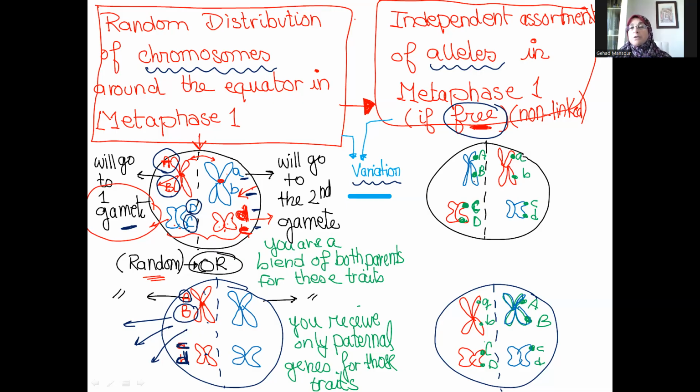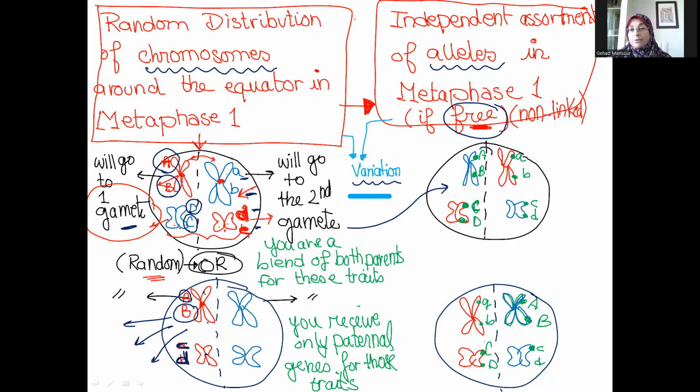So what if we are talking about independent assortment of alleles? Now, if we consider the same independent assortment of chromosomes that we discussed on the left half of the screen, but now we are considering the alleles on them.